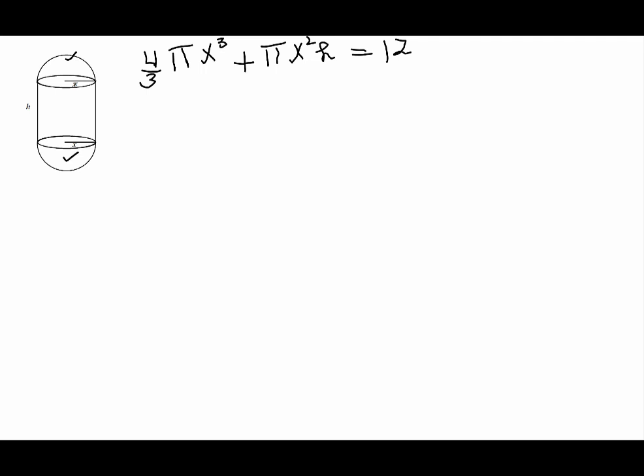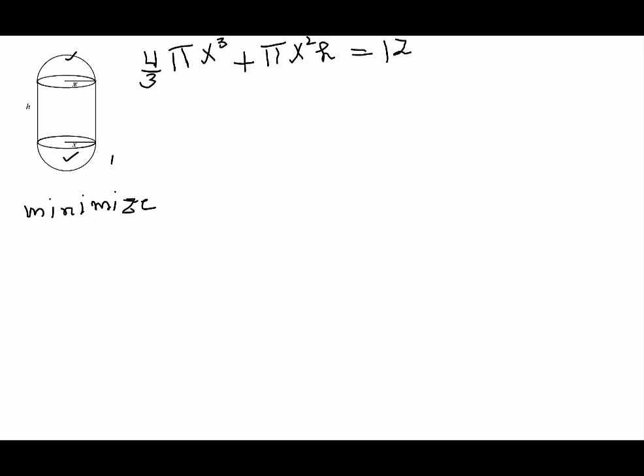Now what we have to do is minimize the surface area. So the surface area would be what? The surface of the two hemispheres combined, and that of the wall of the cylinder.